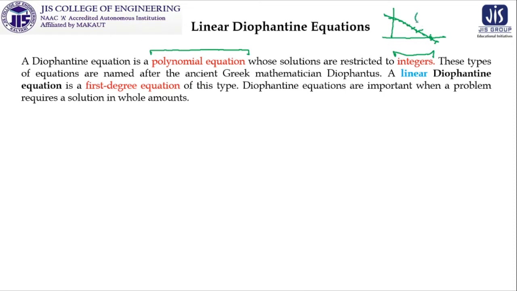Among them, if you get integers as a solution, these types of solutions are the solutions of a linear Diophantine equation. Suppose the y component is 0 here; if this is an integer, then we can take it. Similarly, here the x component is 0, and if you get another integer over here, you can take it.